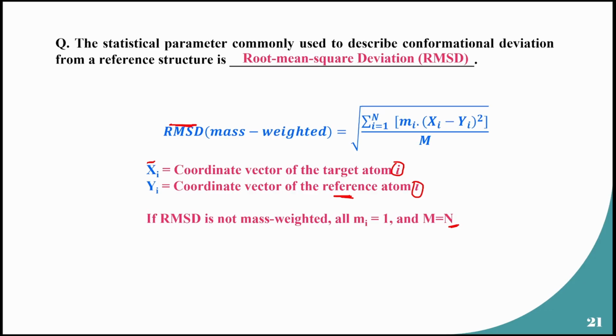Now, just based on this formula of how RMSD is calculated, could you tell me what could be the downside of RMSD? I mean, what kind of information it cannot capture? So it's root mean square deviation, right?